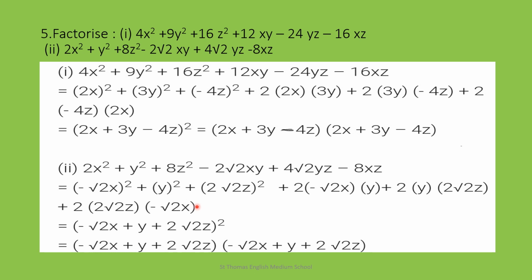So this is the expansion of the identity (-root 2 x + y + 2 root 2 z) whole square. So by factorizing this you can write it as (-root 2 x + y + 2 root 2 z) multiplied by (-root 2 x + y + 2 root 2 z).